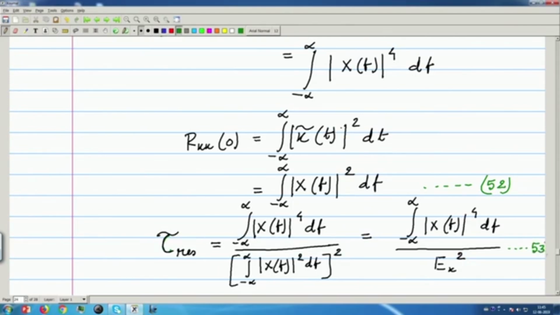So, this is our equation 53. Using this we can easily find it out.